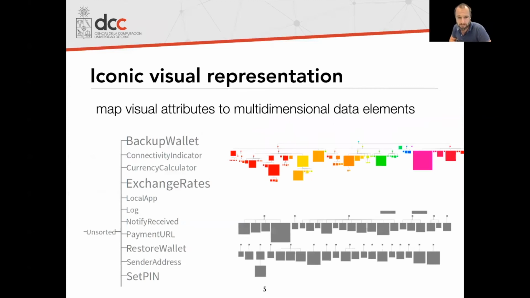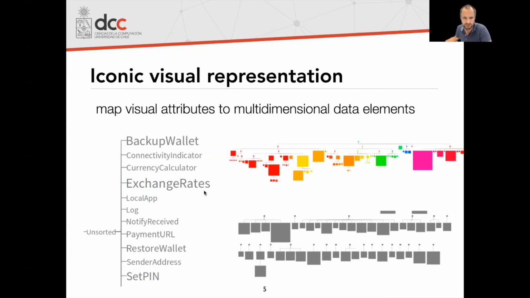Some properties of the visualization: we use an iconic visual representation, and in particular, we use polymetric views in which some visual attributes are mapped to multidimensional data elements. For example, in the feature model, the size of the font used to indicate a feature indicates the amount of its contribution.